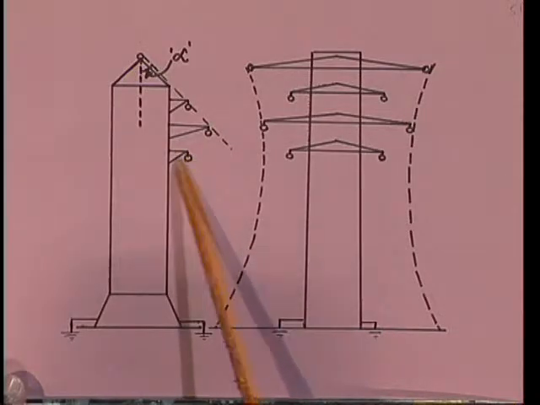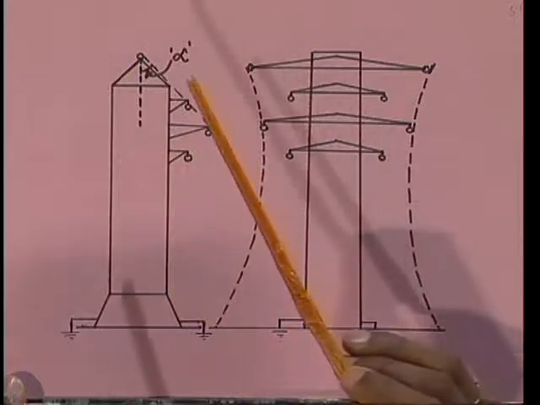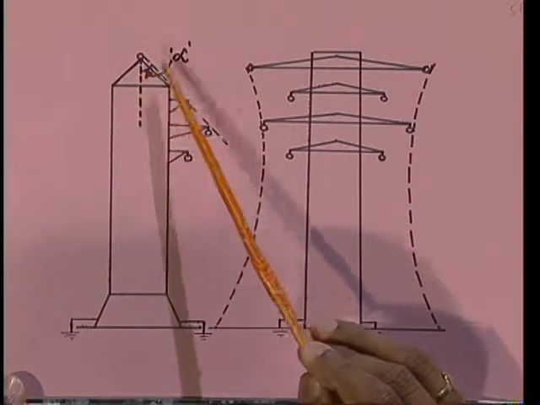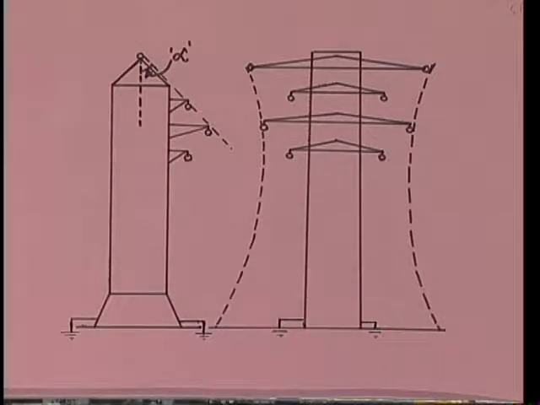No arcs are produced by providing sufficient distance. Here alpha is called the protection angle. Like this we protect the transmission line tower against a lightning stroke hitting the tower or earth conductor.